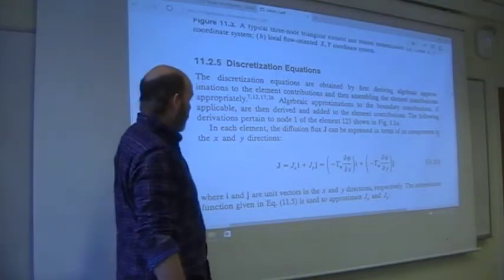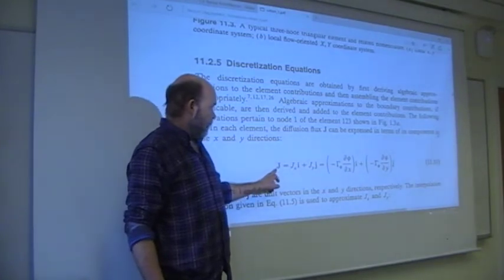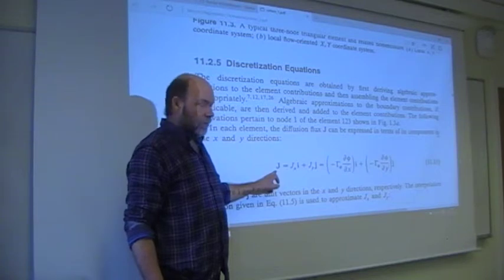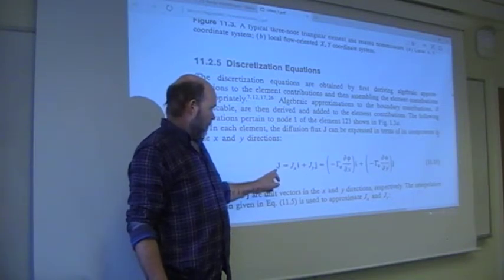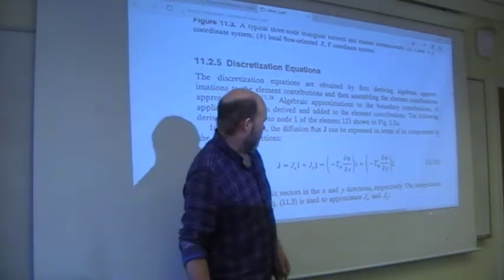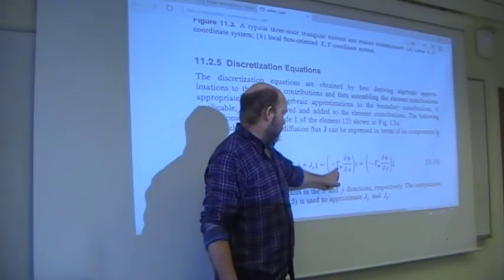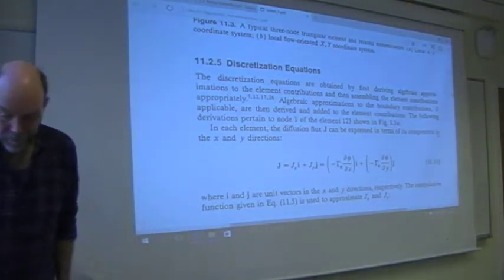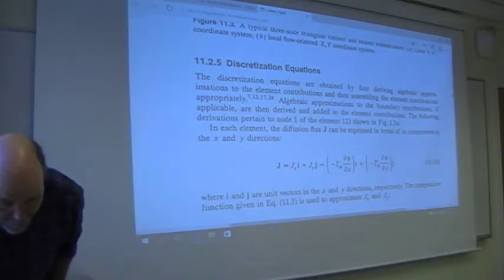So here our J vector in general, this is the one we are going to take the line integral of. Here we have kept this gamma as a possible variable. It doesn't have to be constant.